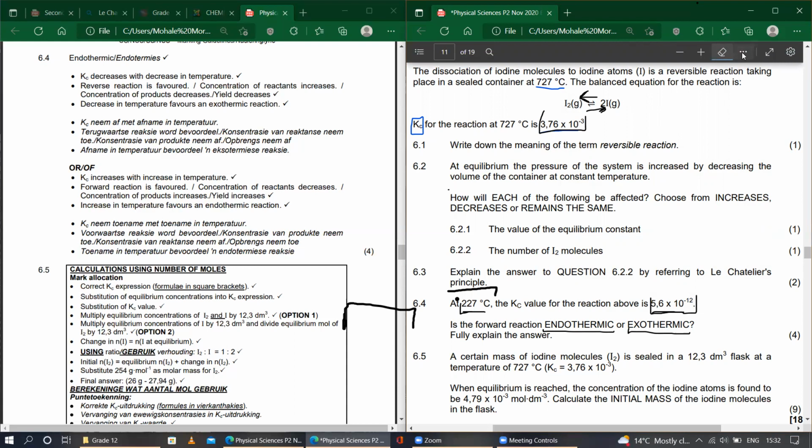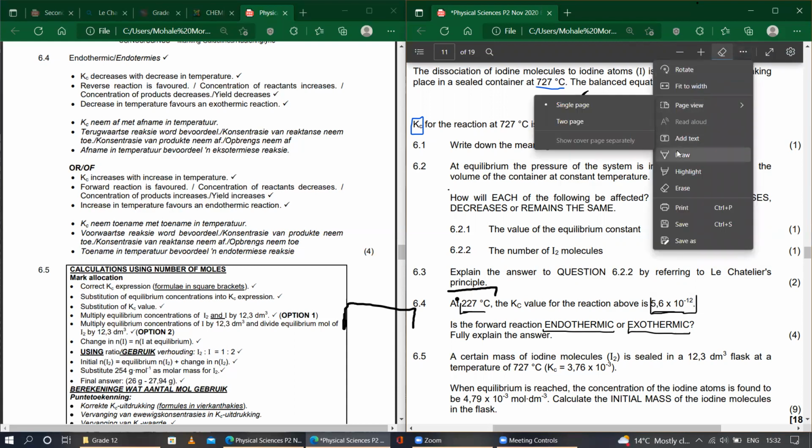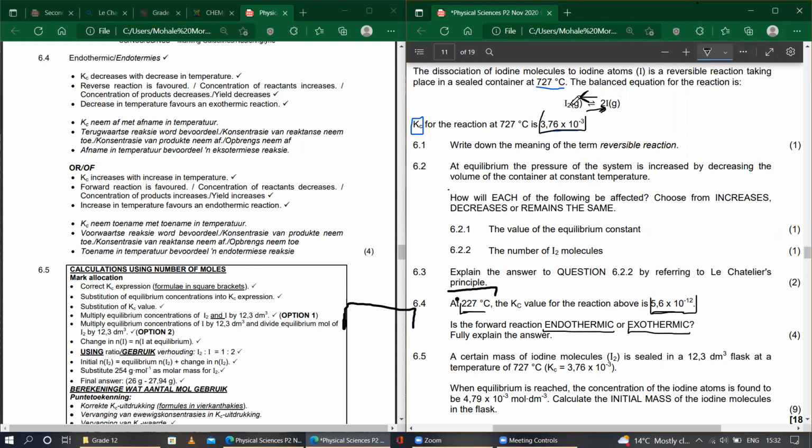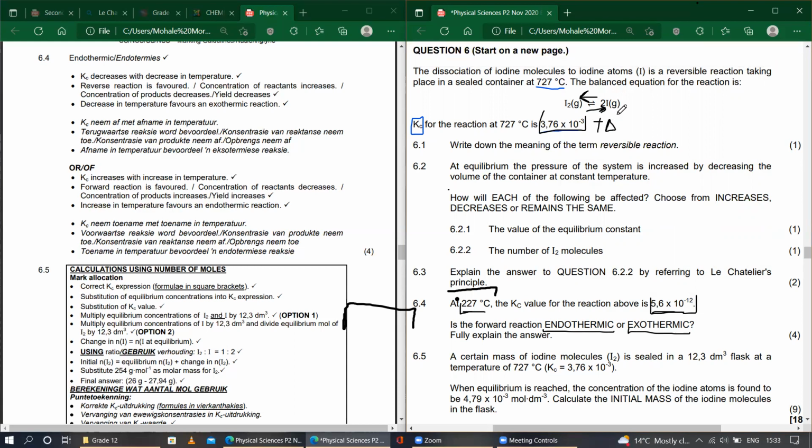So that means in order for this reaction to happen, you have to add energy. So that means your enthalpy is going to be positive.